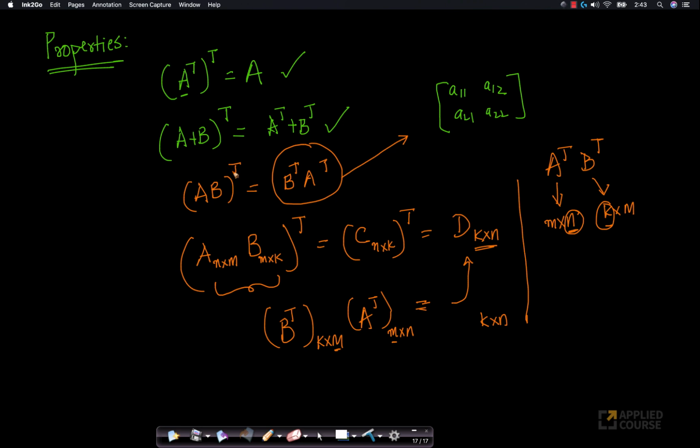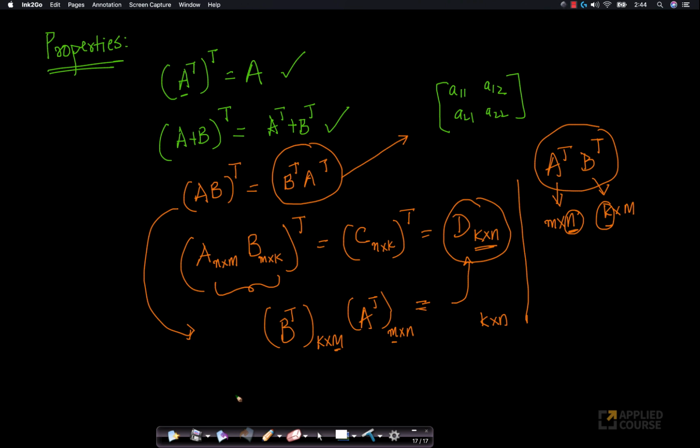So (AB) transpose results in a final matrix of size k cross n, and it is not equal to A transpose into B transpose, because A transpose and B transpose may not be multiplicable. You may not be able to multiply them in the first place. So the simplest way to remember this is that it cannot be A transpose B transpose because you can't multiply these two matrices, but you can multiply the other two. I'm not doing the proof rigorously, but I'm giving you an intuition on why it is not A transpose B transpose and why it could be B transpose A transpose. There is still more proof left here.